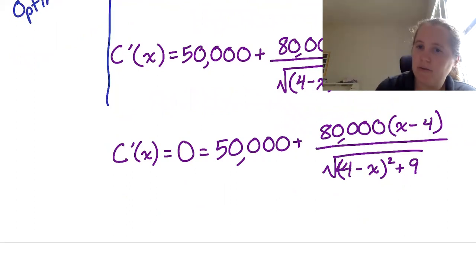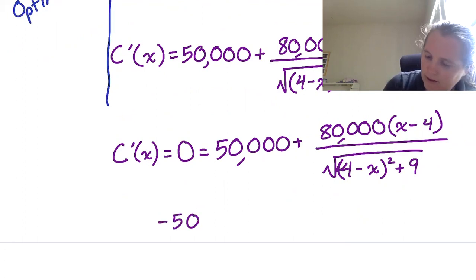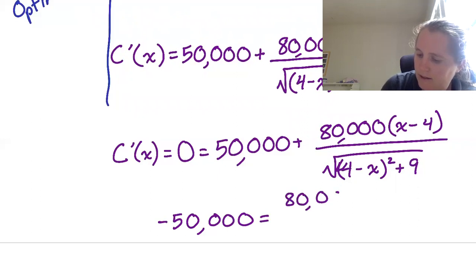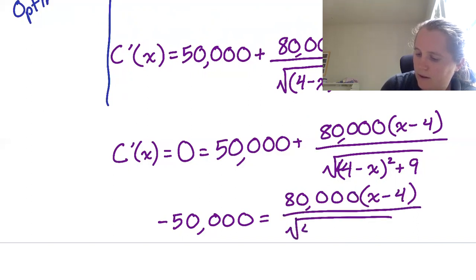If we subtract that 50,000, we'd have first negative 50,000 is equal to 80,000 times (X minus 4) all over the square root of (4 minus X) squared plus 9.